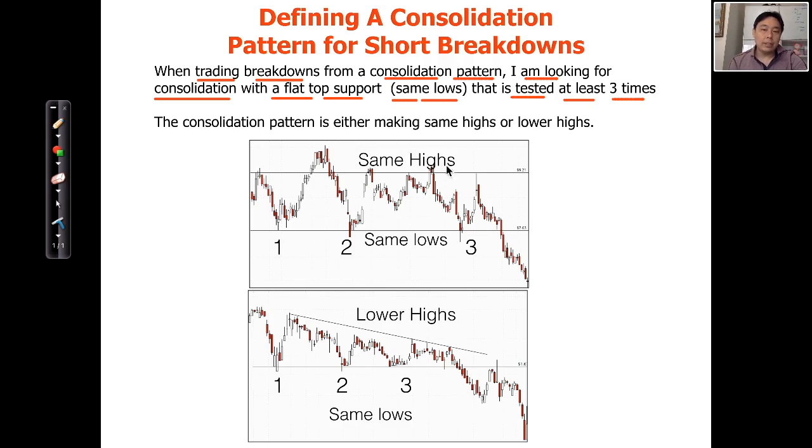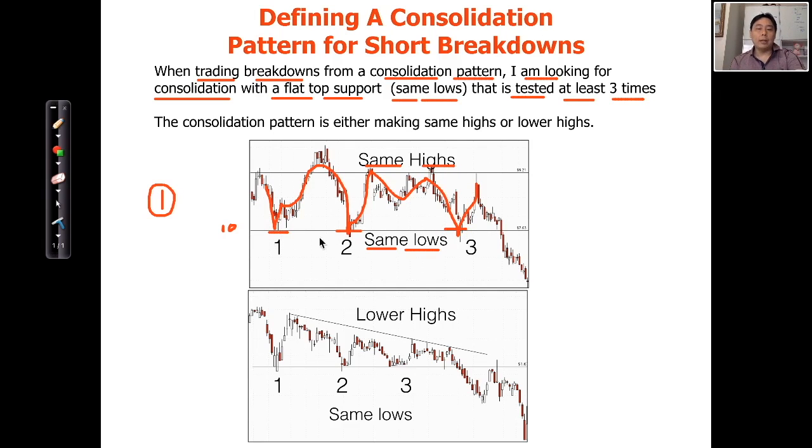So let's take a look at this. This is the first scenario where it makes same lows and same highs. So price goes down. So again, this could be $10, for example. And then boom, goes up. Right? And comes down, goes up. Comes down, goes up. So that's 1, 2, 3. And again, it's tested 3 times.